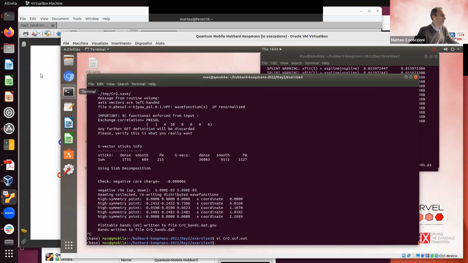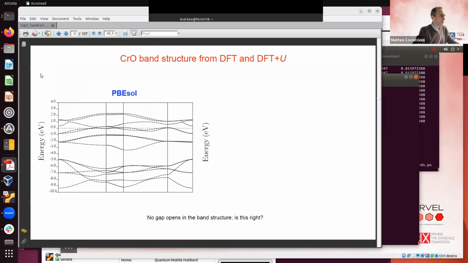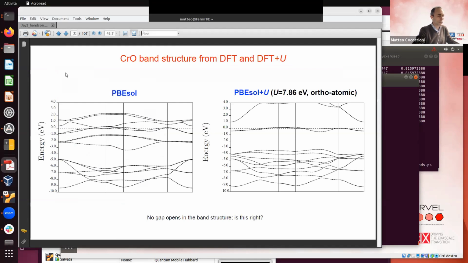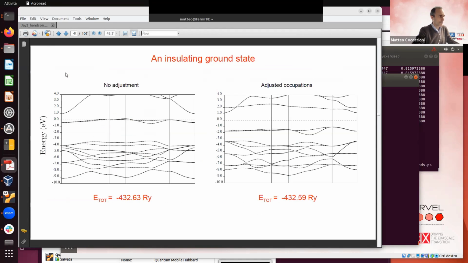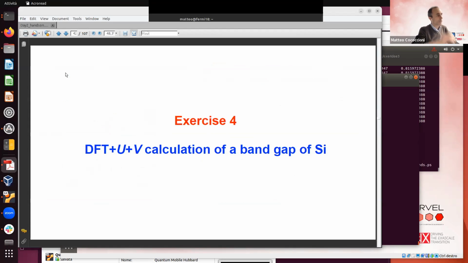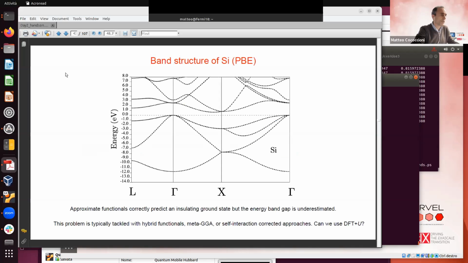Let's go on with the presentation now, because I'm done with exercise 3. This we have seen already. Okay, so what about DFT plus U plus V calculations now? To explore these, we use silicon.